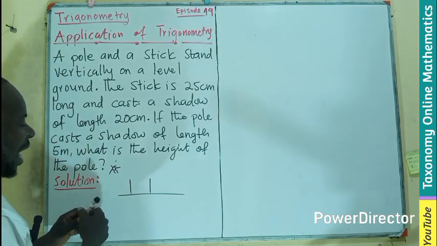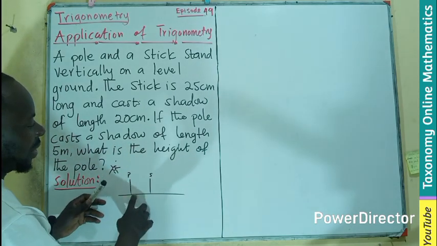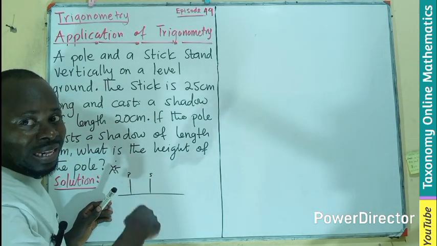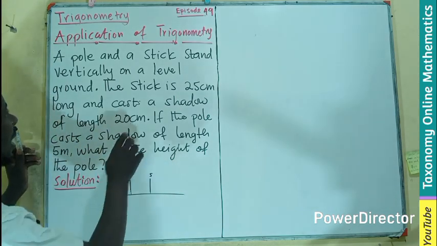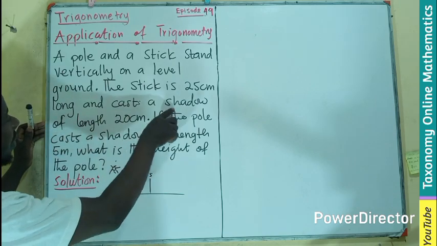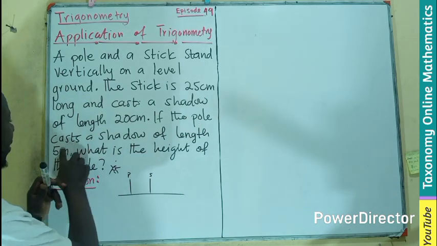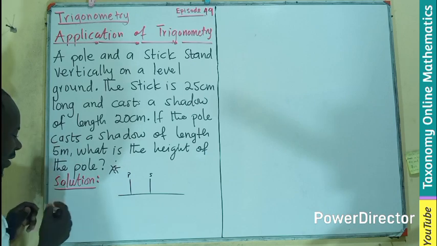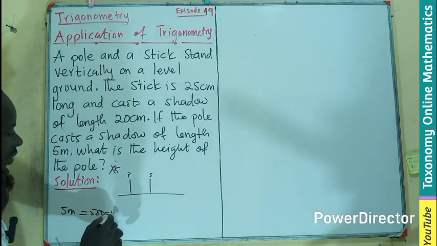So if we use this as the pole and this as the stick, and they cast shadows on the ground, the one that casts the longest shadow is the longest object. The stick casts a shadow of length 20 centimeters. Then the pole casts a shadow of 5 meters, and 5 meters in centimeters will be 500 centimeters.